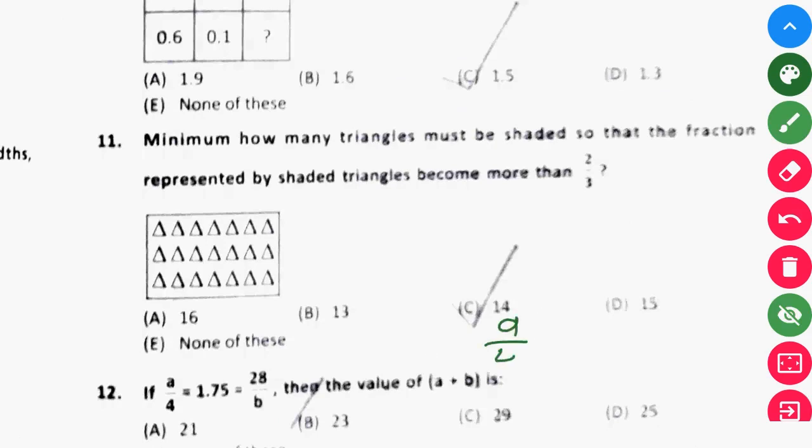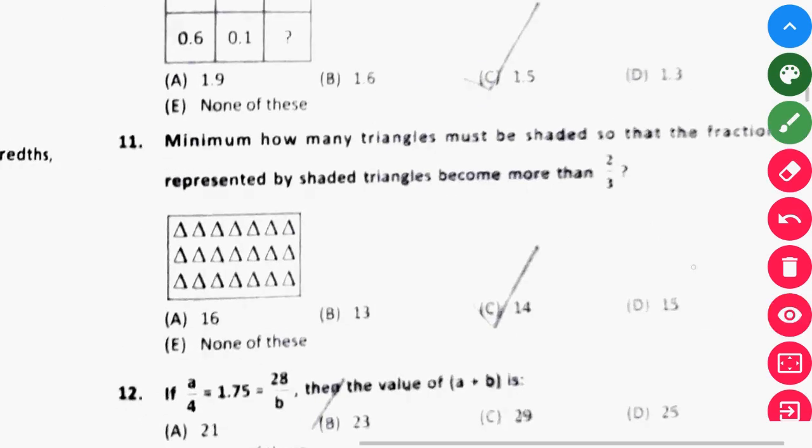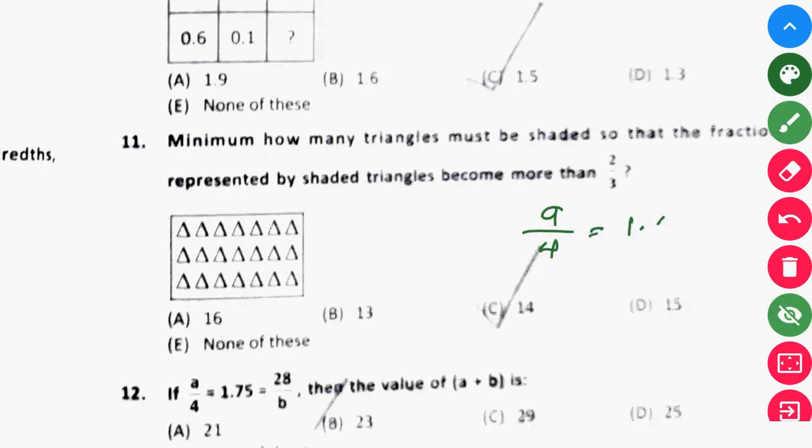A upon 4 is equal to 1.75. So A is equal to 1.75 multiplied by 4 you can do, or A upon 4 is equal to 1.75 can be written in the fraction form as A upon 4 is equal to 175 upon 100, because two digits are there after the decimal, so 100 is at the denominator.